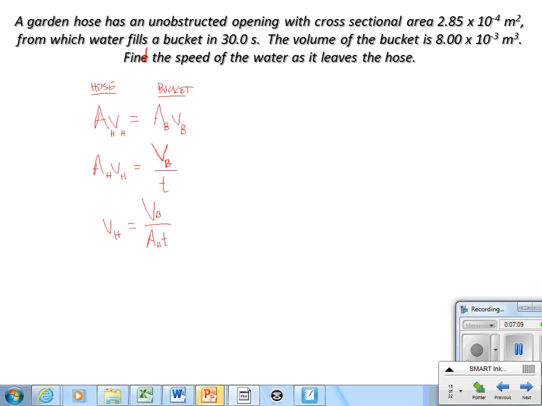The volume of the bucket is 8 times 10 to the negative third cubic meters, over the area, which it gives us, 2.85 times 10 to the negative fourth square meters, times 30 seconds.